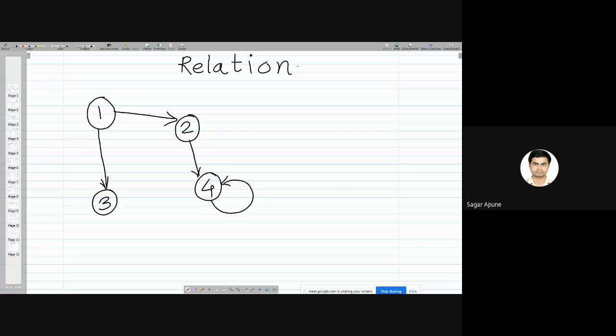So we can write it in the form of a set. A set is enclosed within curly brackets, and in curly brackets we can put our elements, right? So there are two sets.